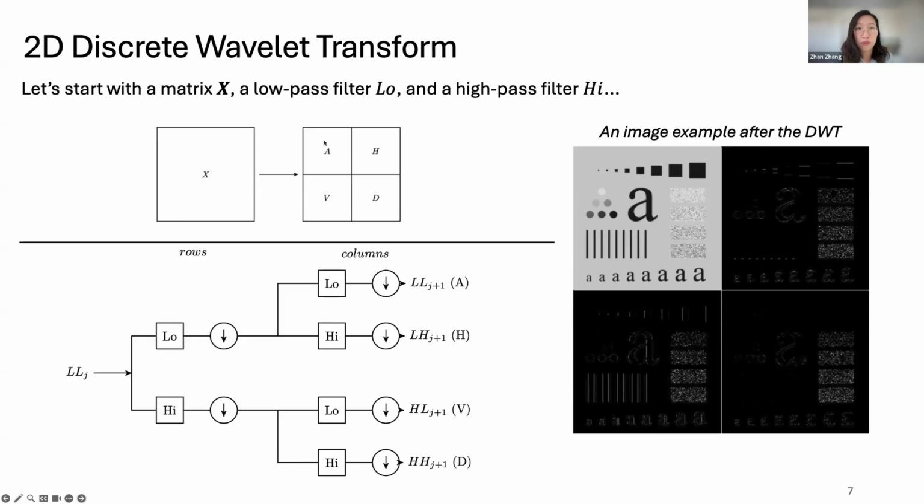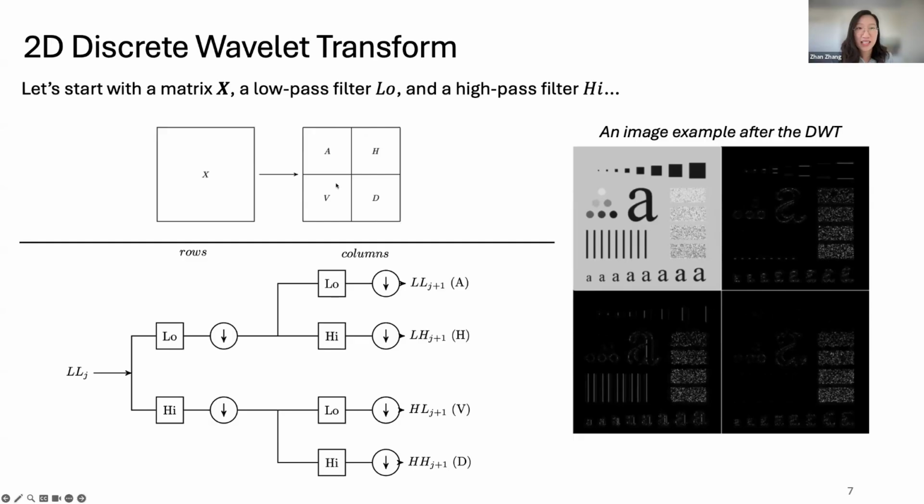So this one maintains the low-frequency structure of my input matrix X. So we name this matrix our approximation. And the rest three matrices here represent the details, or say the high frequency information, including the horizontal details, vertical details, and diagonal details.